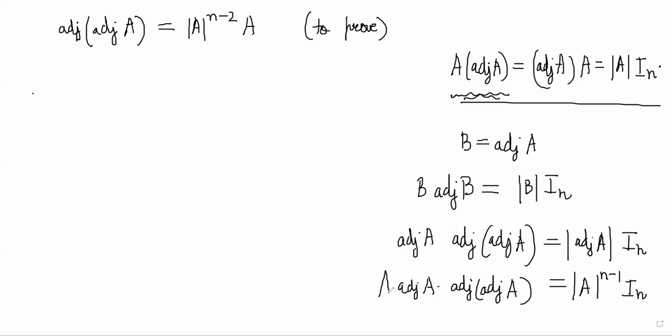Pre-multiply both sides with A. If you pre-multiply with A, what will this become? Det A into identity, and you have adjoint of A.